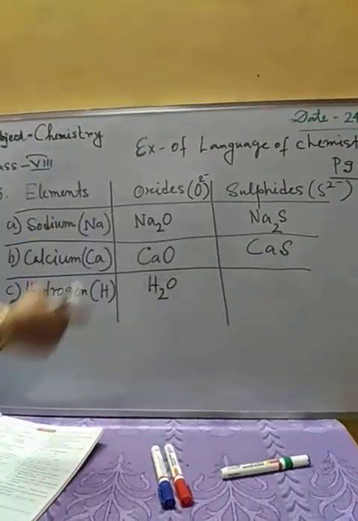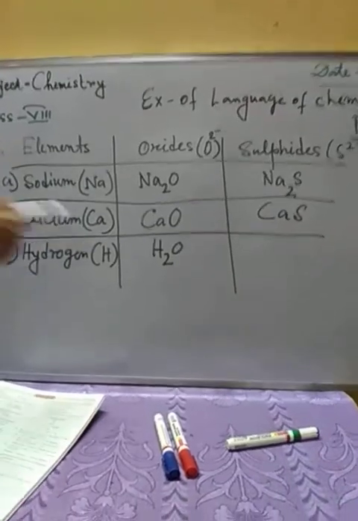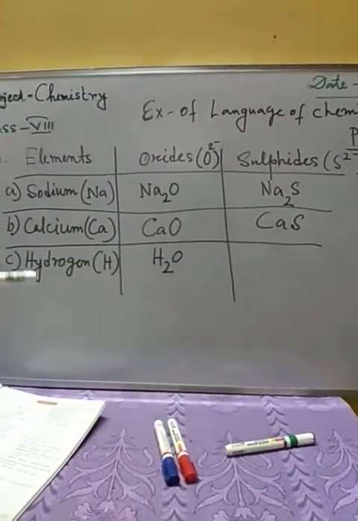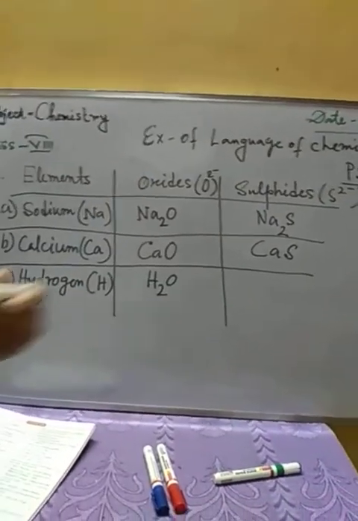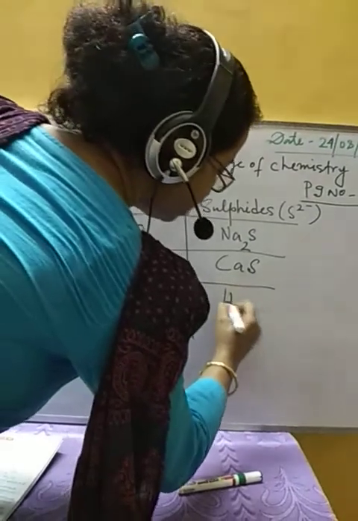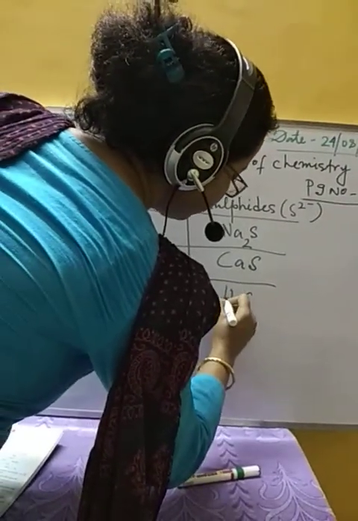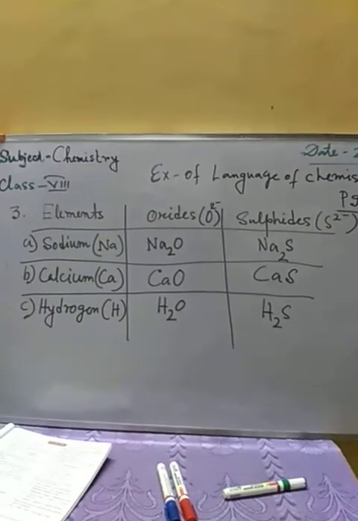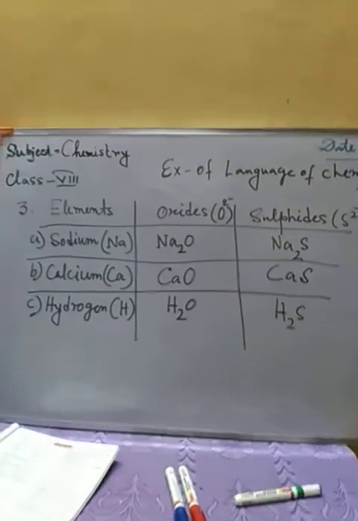Just like sodium, sodium's valency is 1, hydrogen's valency is also 1. So just like sodium, we will be getting the molecular formula of oxide of hydrogen. For sulfide also same thing, H2S. This is hydrogen sulfide. Okay, so these are the molecular formulas of these elements.